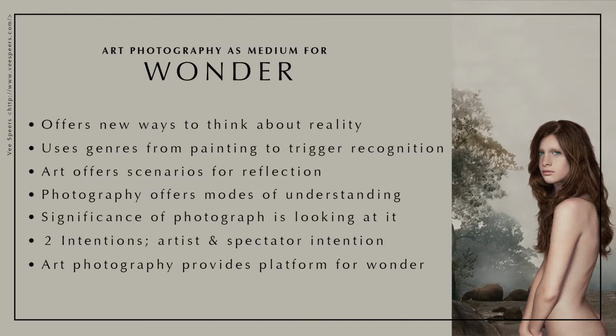Art does, however, offer certain scenarios to ask the spectator to reflect on the theme and topic presented in the work. Due to the development of photography from painting, it might be suggested that photography, particularly art photography, is similarly able to offer the spectator multiple modes of understanding. This is accomplished through certain processes and manipulation of photographs.